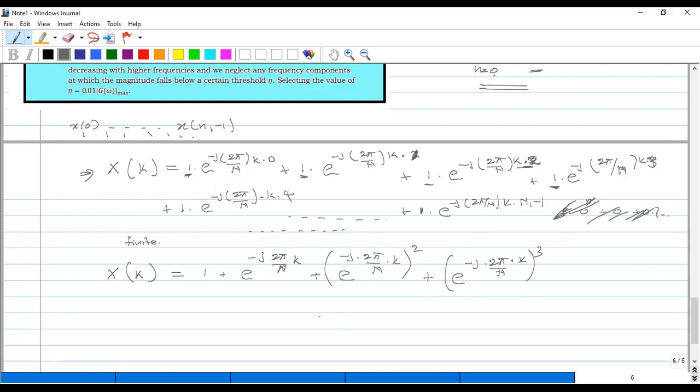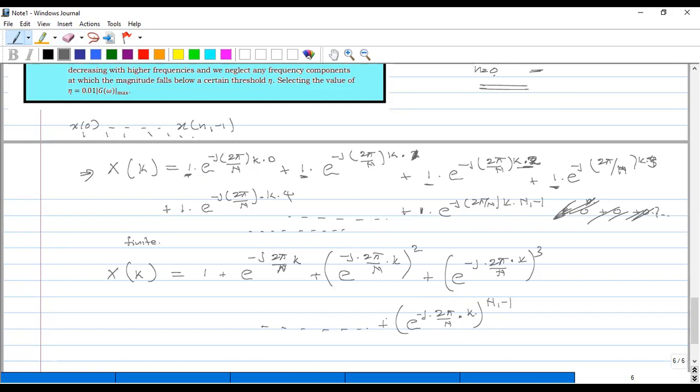Okay, likewise you will have this up to minus j 25 by n k n minus 1. So you can put the whole power.